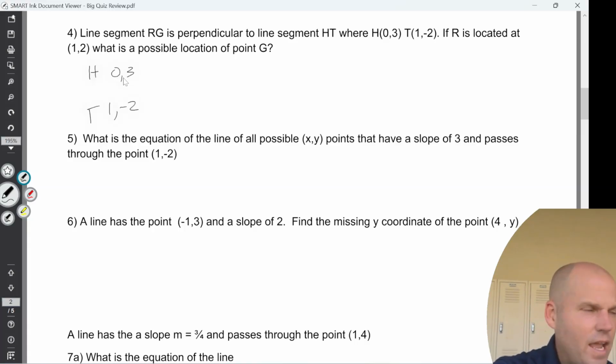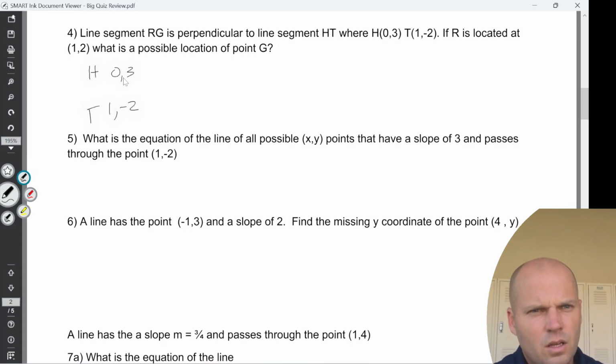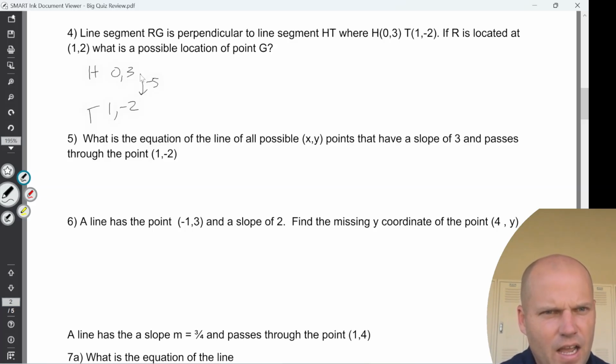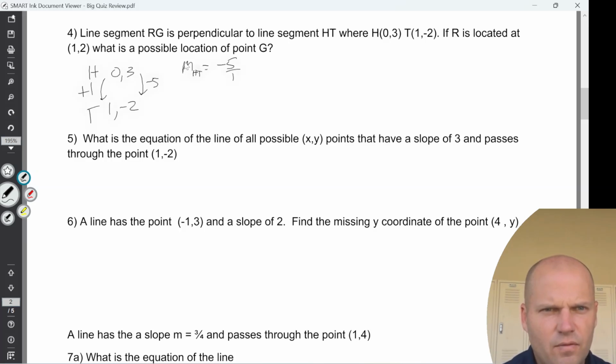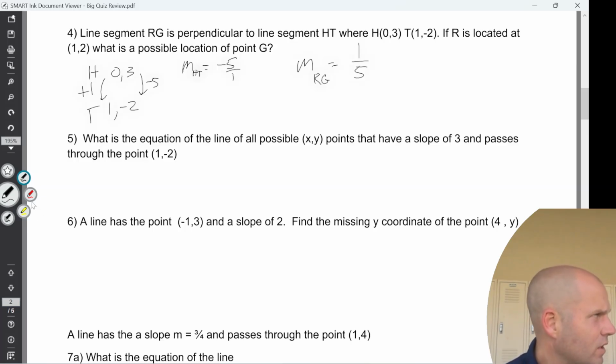So HT has a slope of -5 over 1, which means the slope of RG has to be +1 over 5. This +1 refers to the y change, and this +5 refers to the x change.